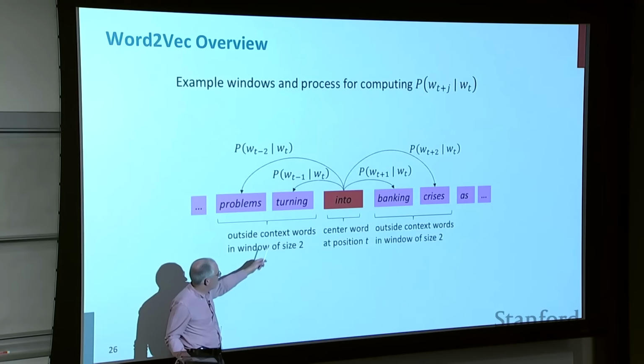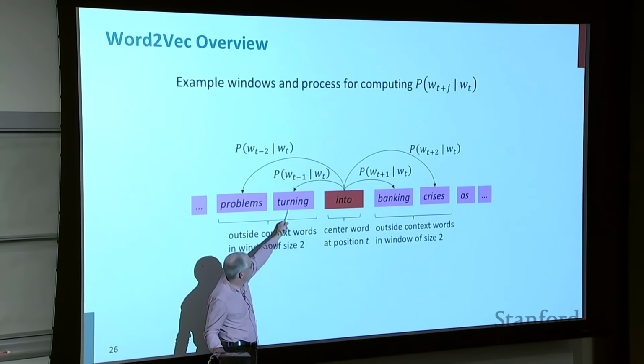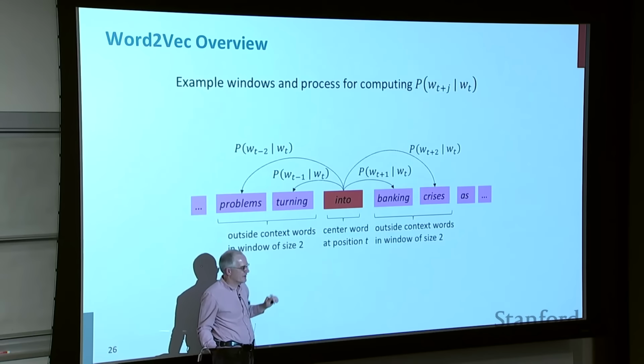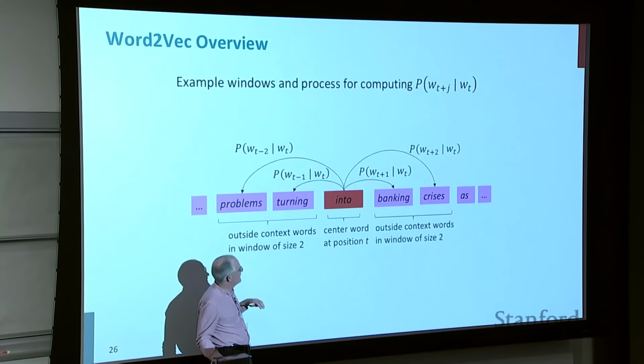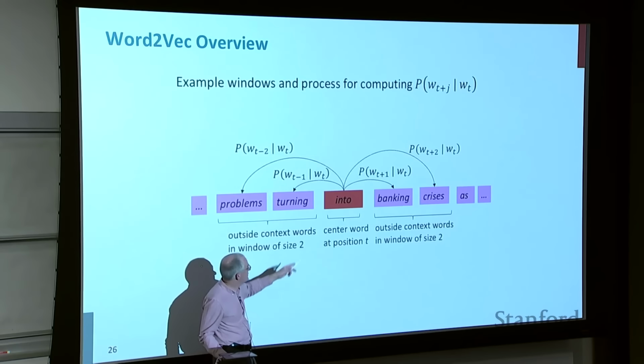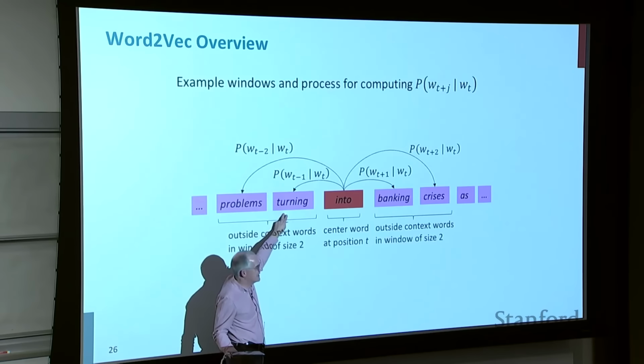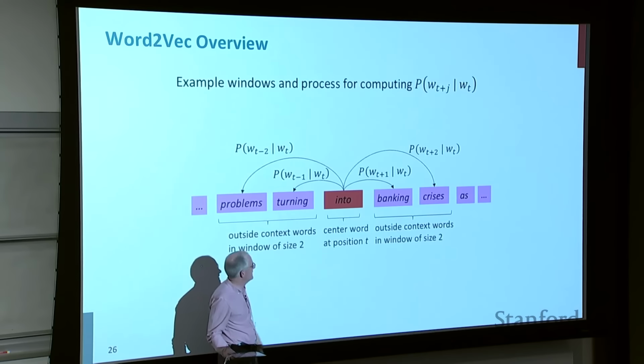And so I'm going to want to know, look, in this text, the word turning occurred before the word into. How likely should that have been to happen? What I'm going to do is calculate a probability of the word turning occurring close to the word into.